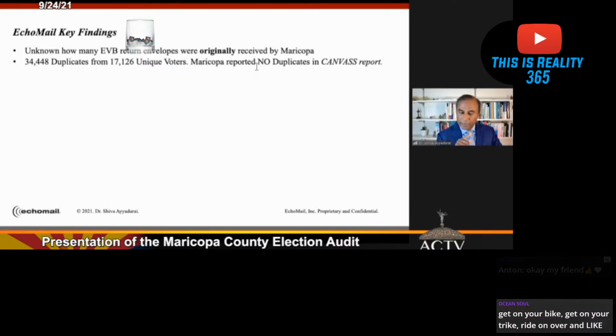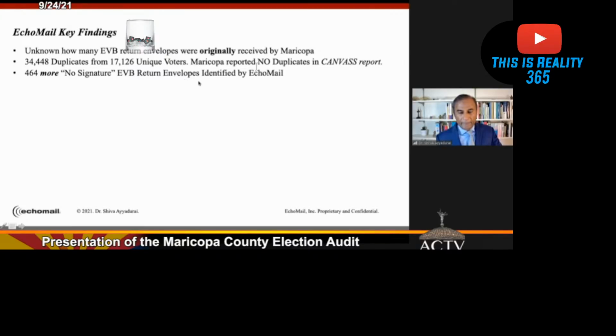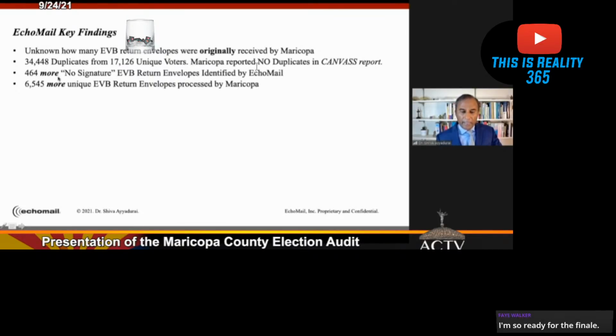It's actually duplicate images. Maricopa reported no duplicates in the Canvass report. We have 464 more no signatures between blanks identified by us versus Maricopa. Maricopa has 6,545 more unique EVB return envelopes.